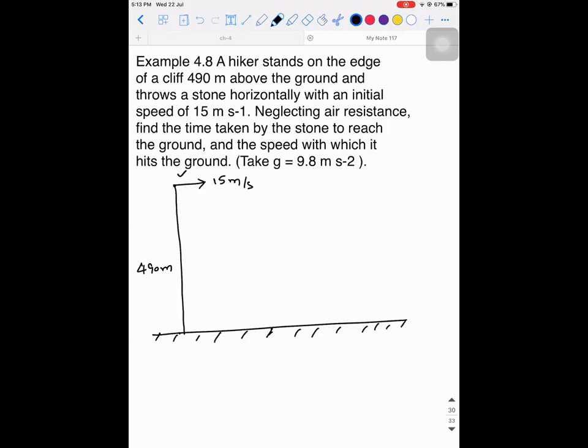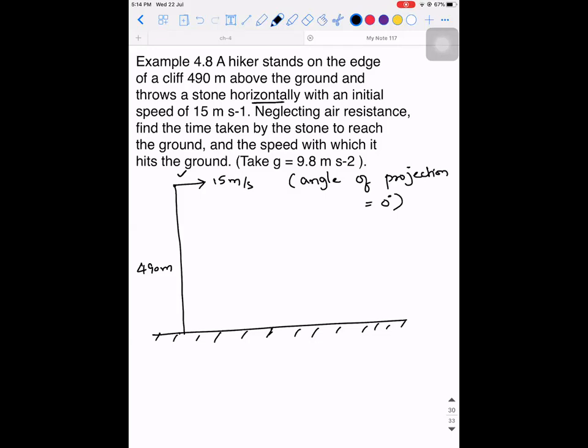It's 0. Wherever it is horizontally projected from a certain height, the angle of projection is 0 degrees.